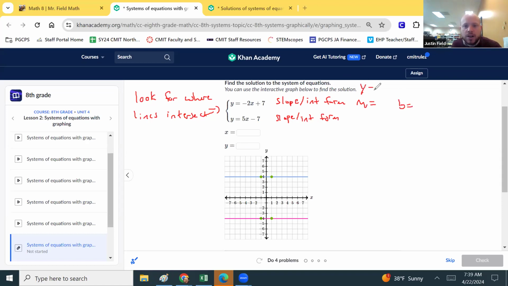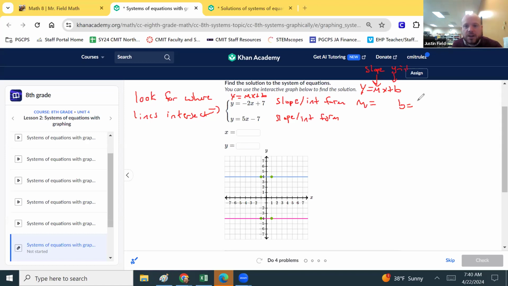Well, if you remember, it is y equals mx plus b, and m is the slope, and b is the y-intercept. All right, so in this first one, the y-intercept is, if I write y equals mx plus b, then it lines right up.